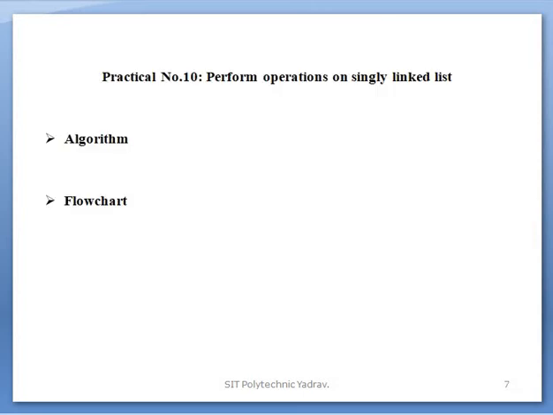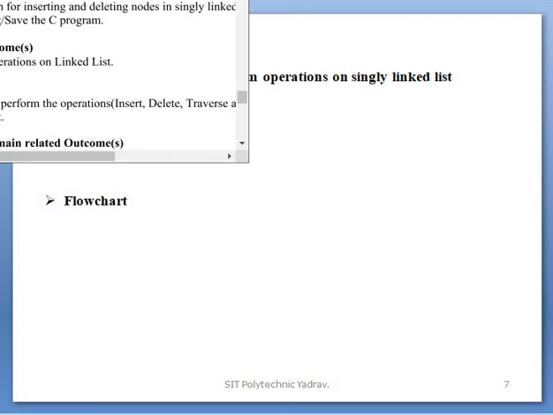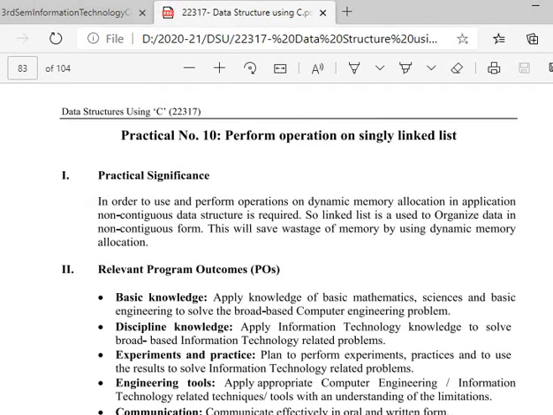Practical number 10: perform operations on singly linked list. You have all downloaded the lab manuals. Practical significance: in order to perform operations on dynamic memory allocation in an application, non-contiguous data structures are required.